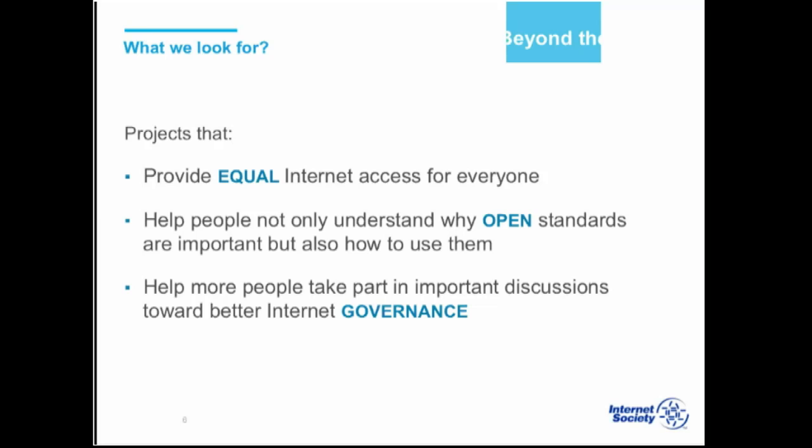We also look for projects that help people understand why open standards are important, and more than anything, how to use them. There are many people out there that are using the internet and know nothing about it. So anything you can do to advance that knowledge about open standards is key for any place, any country.